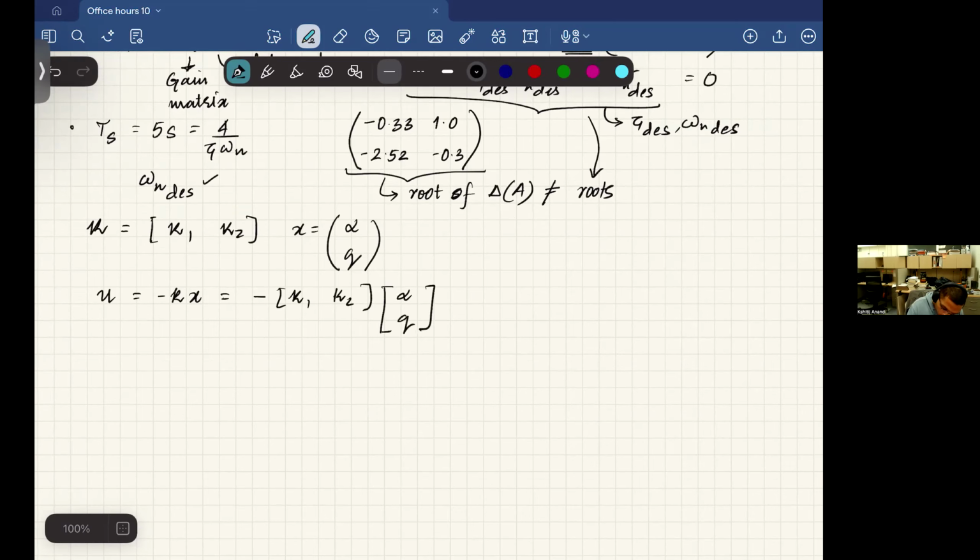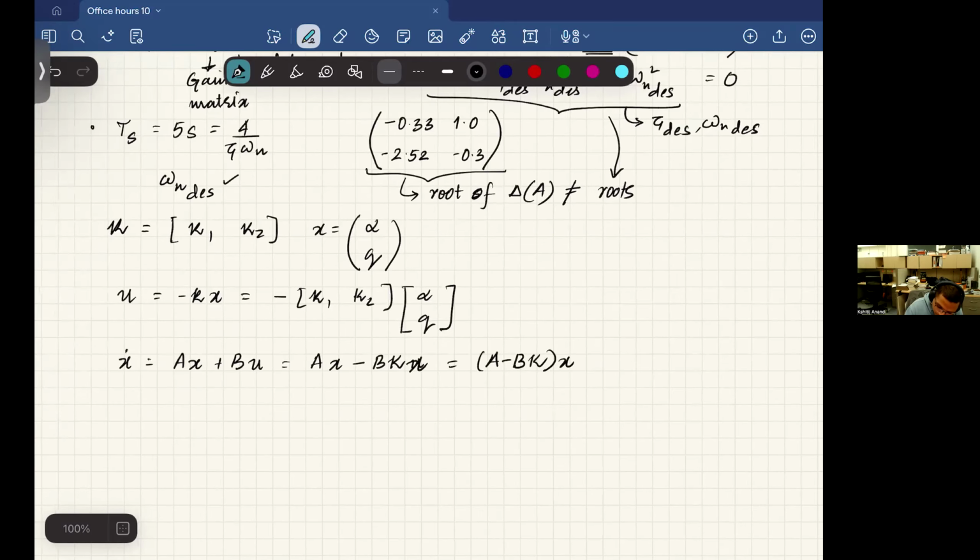So now x dot equals Ax plus Bu, but u is state feedback. So Ax minus BKx, which equals A minus BK times x.